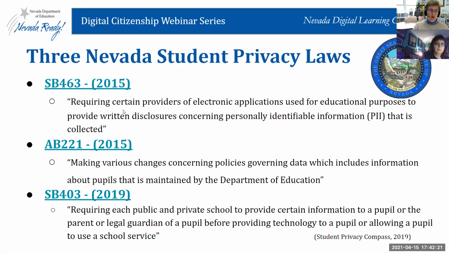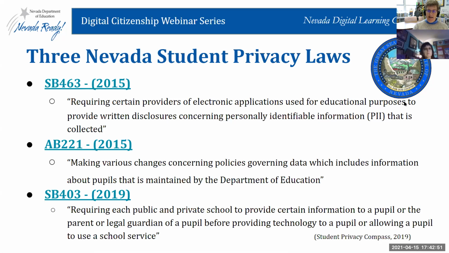This one particular, SB 463, says electronic applications used for educational purposes must provide written disclosures concerning what PII, the personally identifiable information, they are collecting. So our legislators, clear back in 2015, were very aware that we don't want information being collected that could harm our students in any way.